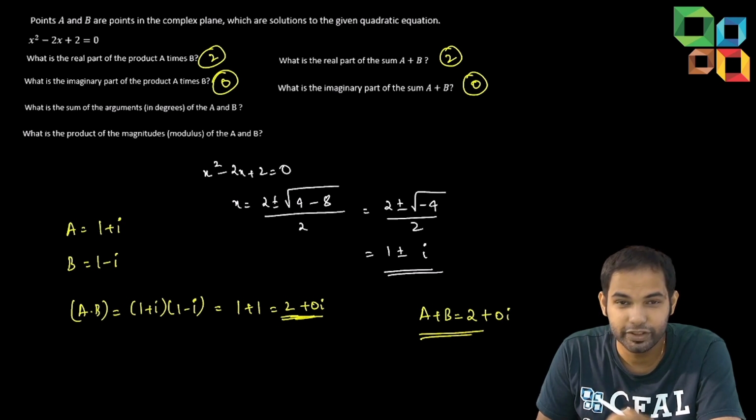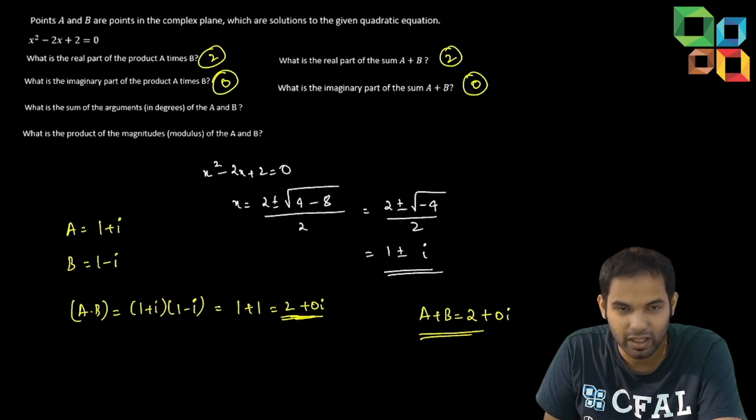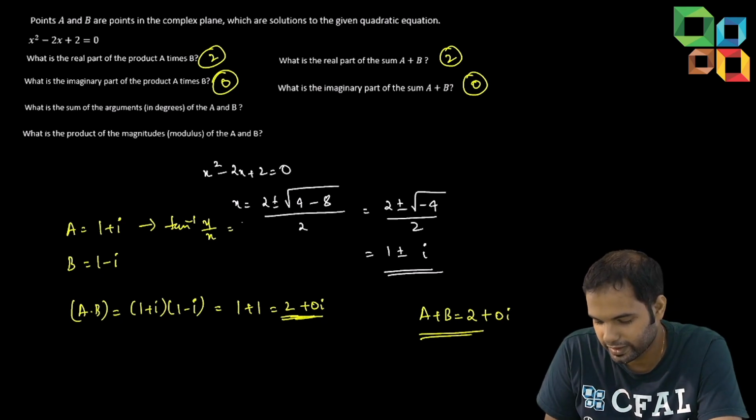What is the sum of the arguments? Remember, the sum of the arguments in degrees of both A and B. Let us write the argument of A. The argument of A is tan inverse of y by x, so it's tan inverse of 1 by 1, which is tan inverse of 1, which is 45 degrees, pi by 4.